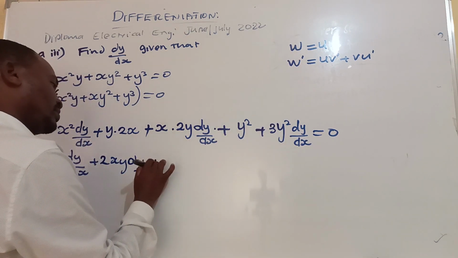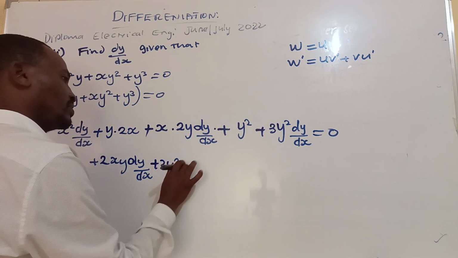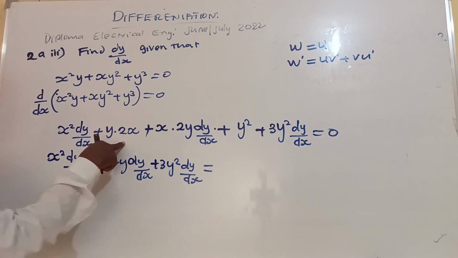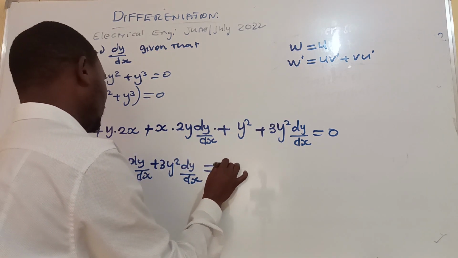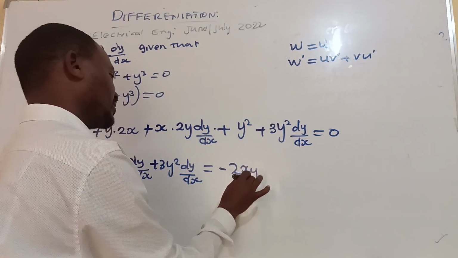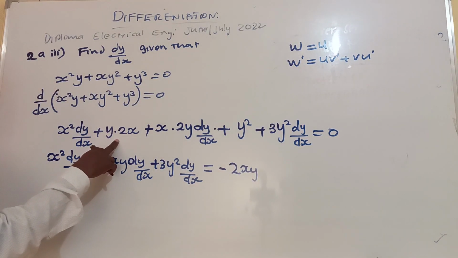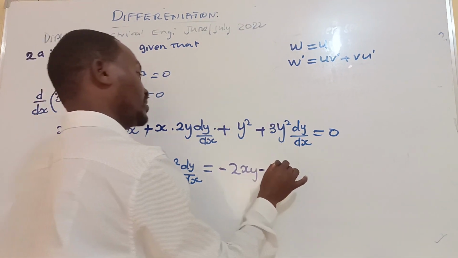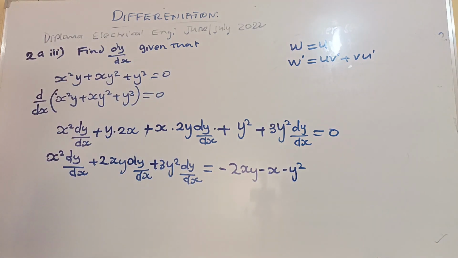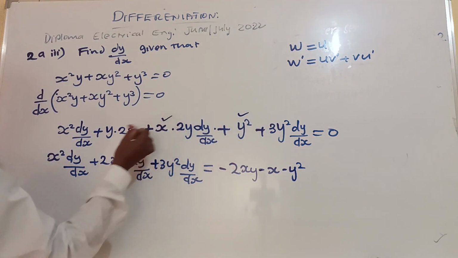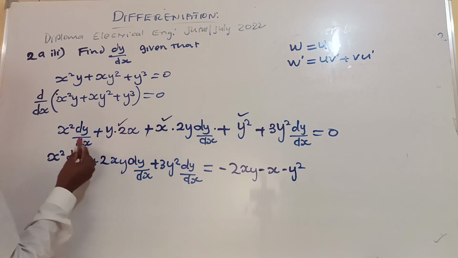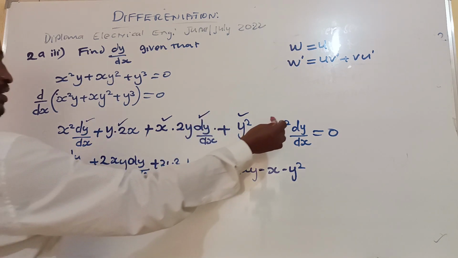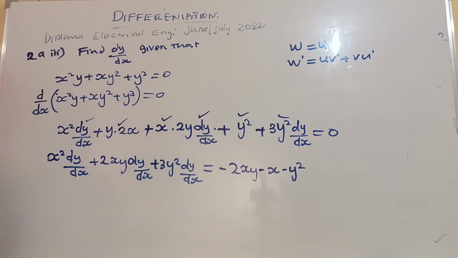This one 3y squared dy dx is equal to, this one doesn't have an x, negative 2xy, this one minus x minus y squared. So we have taken care of all the terms.